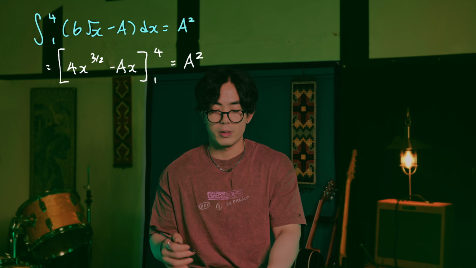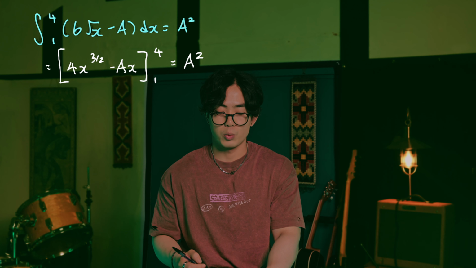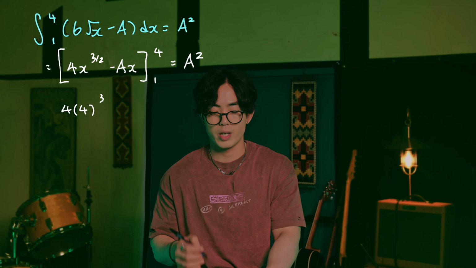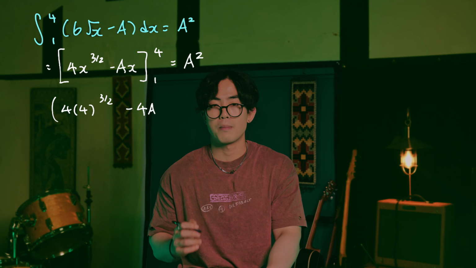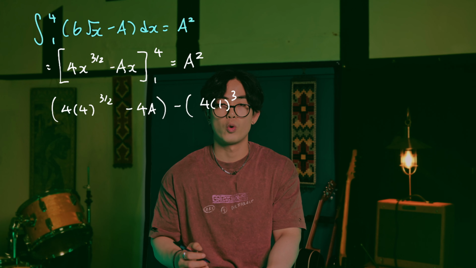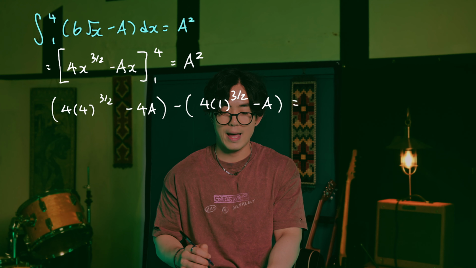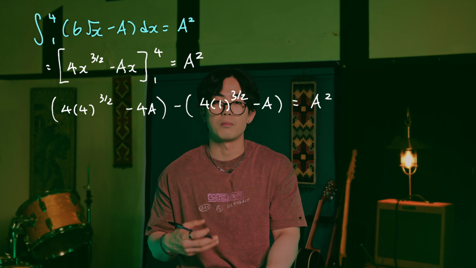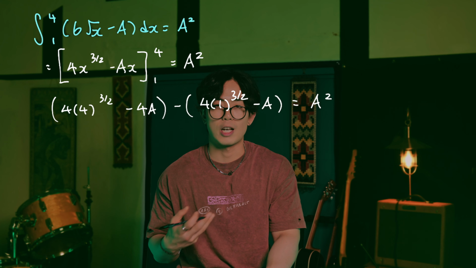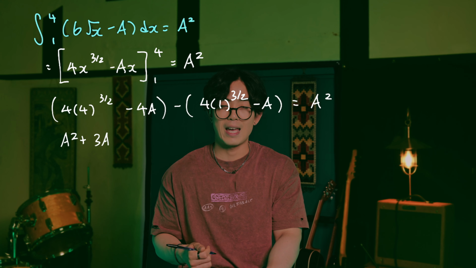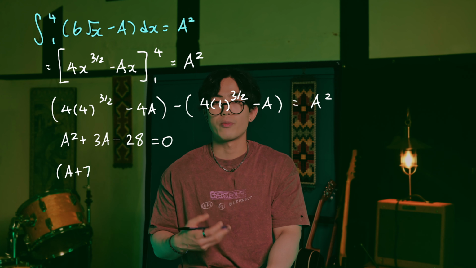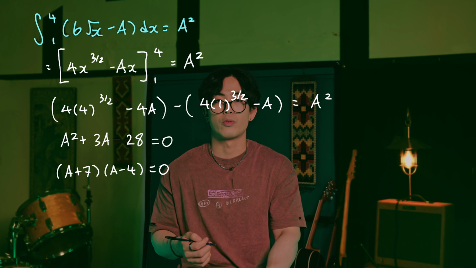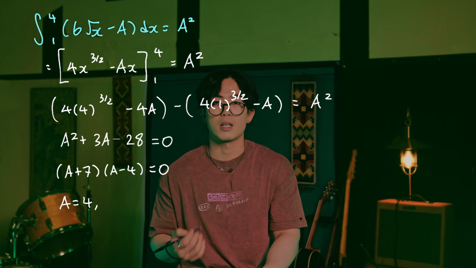Let's go ahead and input our limits. Putting the 4 in first, we'll get 4 times 4 to the power of 3 over 2 minus 4a, minus the lower limit of 1, 4 times 1 to the power of 3 over 2 minus a, is equal to a squared. Now, if you simplify it and bring it all to one side, you end up with a quadratic, a squared plus 3a minus 28 is 0, which we can factorize to (a plus 7)(a minus 4) is 0, so a is 4 or negative 7.